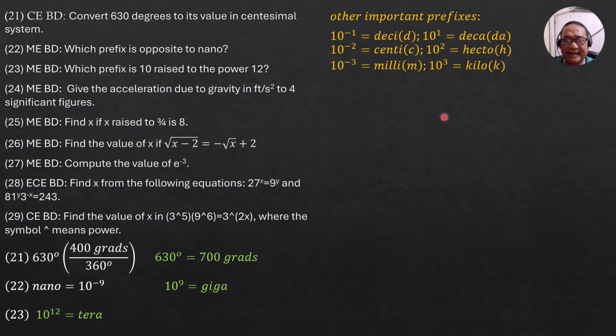Next is 10 to the negative 6, which is the micro, and 10 to the 6 is the mega, like 10 to the 6 pascals, megapascals.